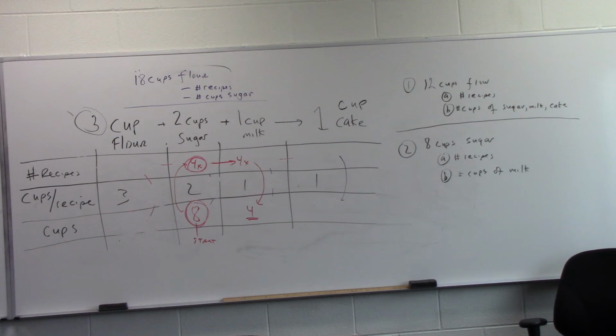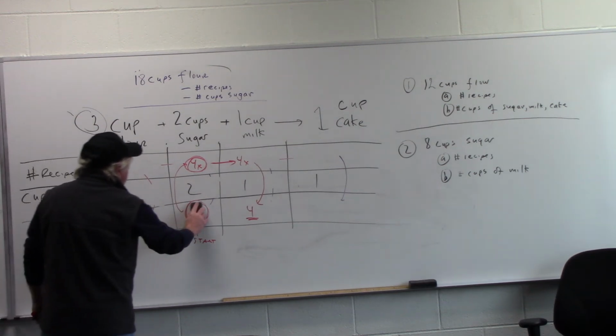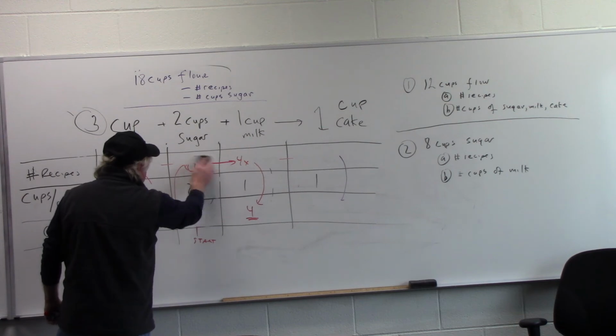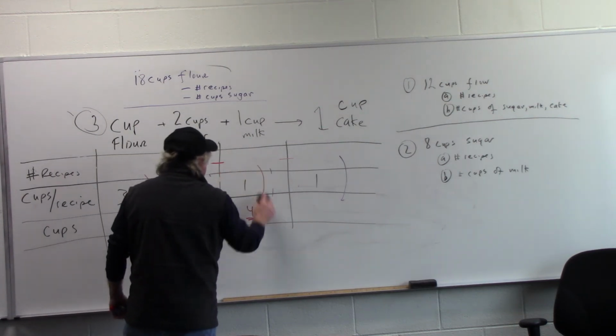How many recipes is that? And then how many cups of sugar will I need to use that all up? Okay, you can do it on your own. I'm setting this up.